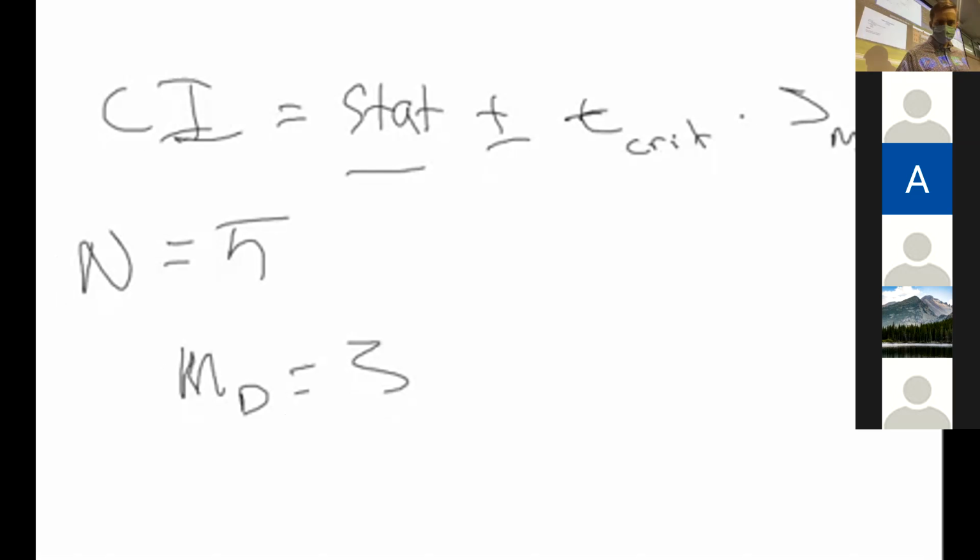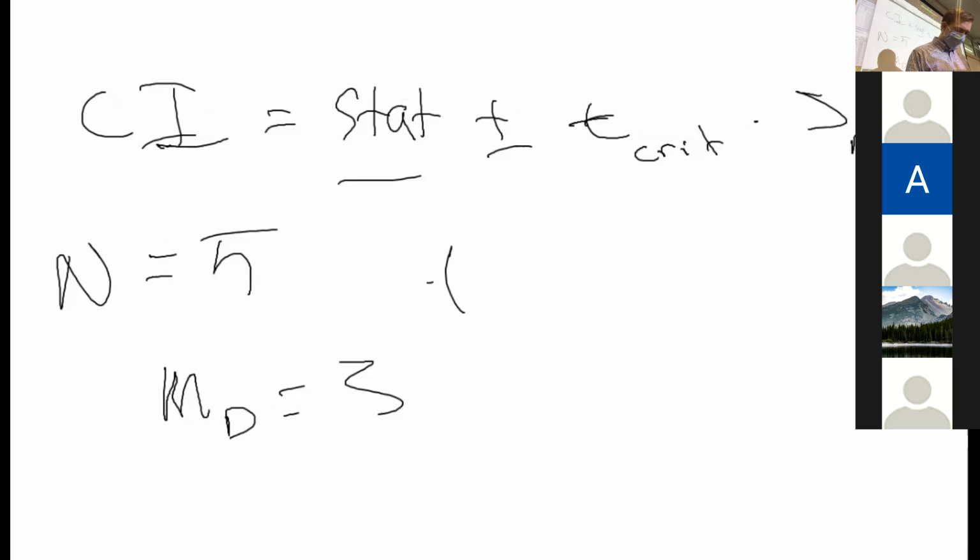So our t critical equals 2.77. And then we will have had to have calculated our standard error. Let's just say we've got a standard error of 1.2 calculated off of the test.